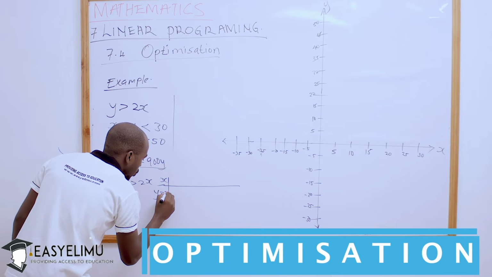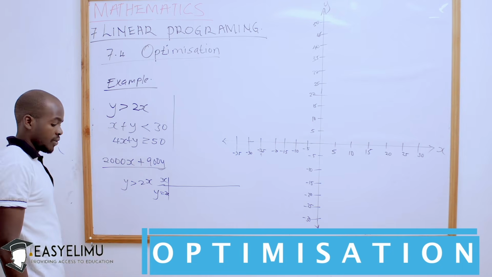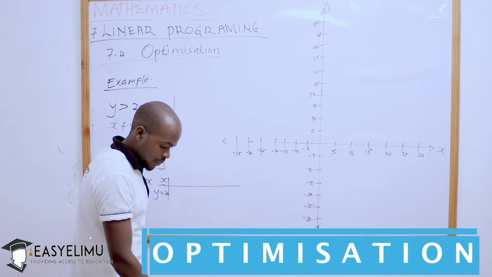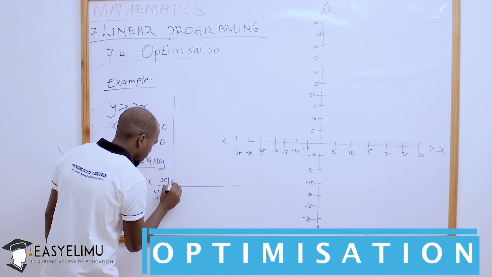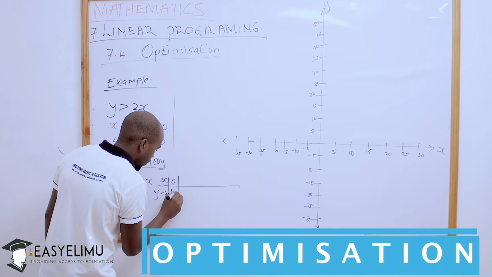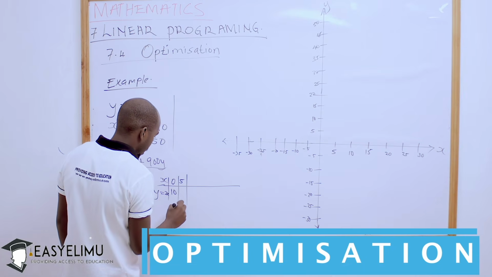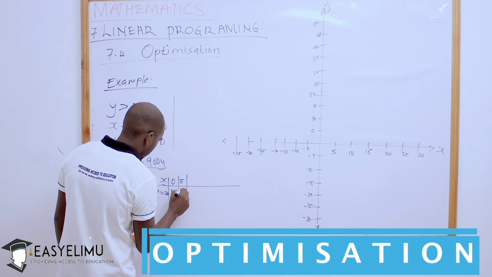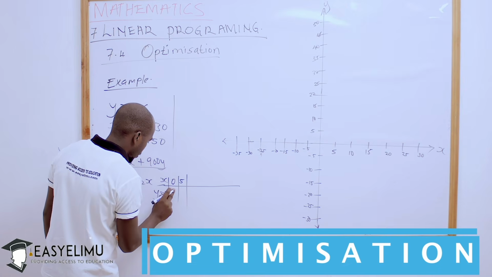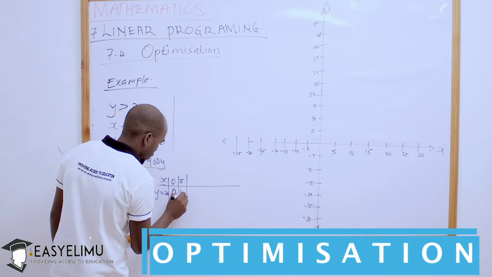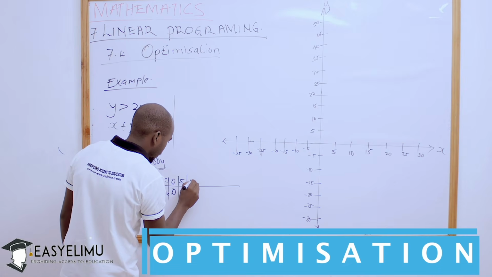Line y equals 2x. Actually, let me use that one because that is the simplest way. So if x is 0, y will be 0. If x is 5, y will be 10.